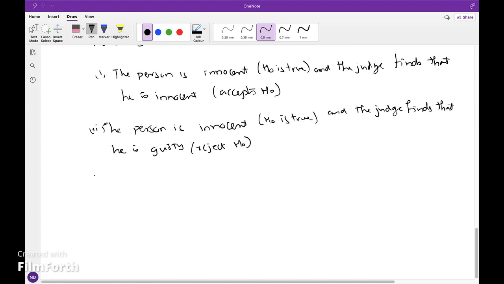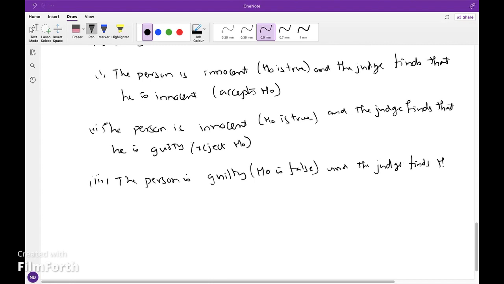Case 3, the person is guilty, H0 is false, and the judge finds that he is innocent. Accept the null hypothesis.